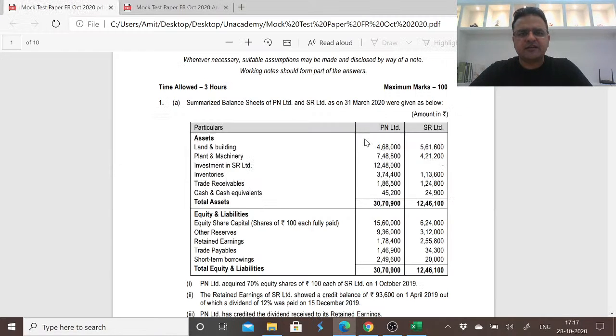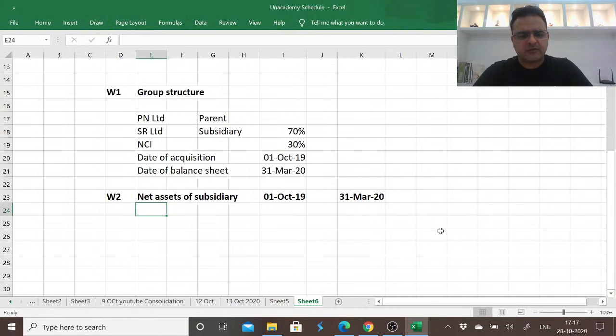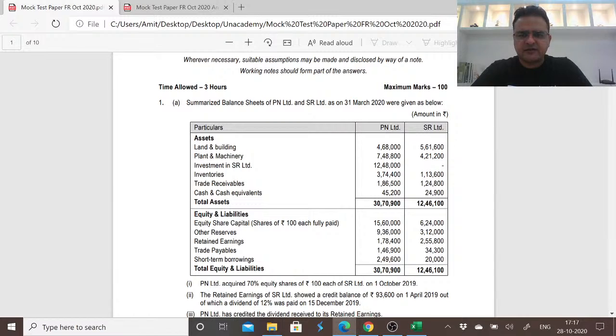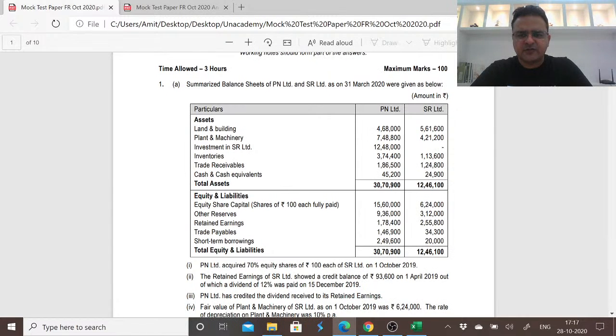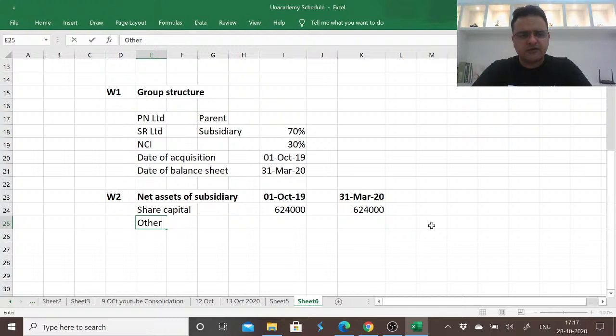In it, if you look at the net assets figure, the share capital of subsidiary is mentioned as 624,000. On date of balance sheet, it is 624,000. Then there are other reserves which are standing at 312,000 on the date of balance sheet.